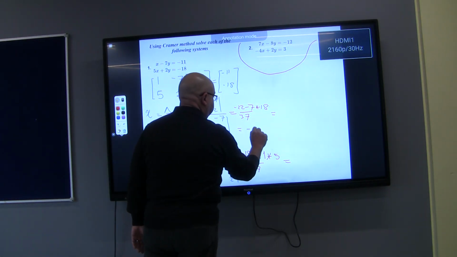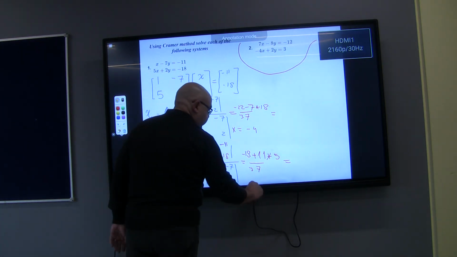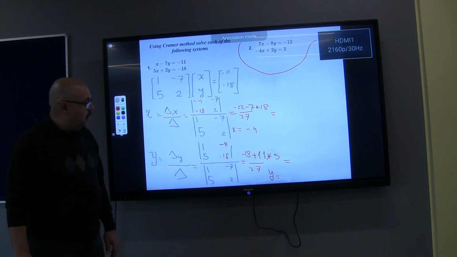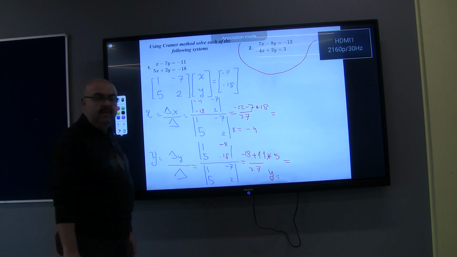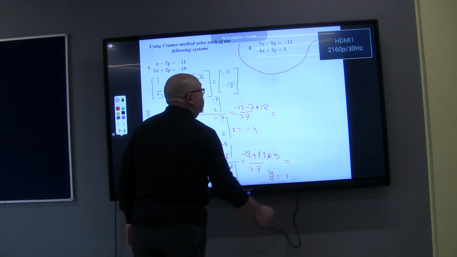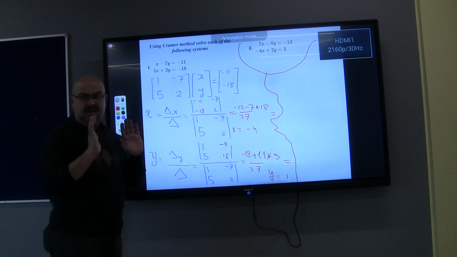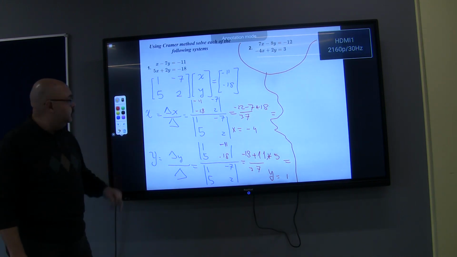It comes up to negative 4, this is x equals negative 4. And for the other, y will equal 1, I believe. Yes, exactly. In the same way, you can also solve the other problem. I will leave it for you for training.